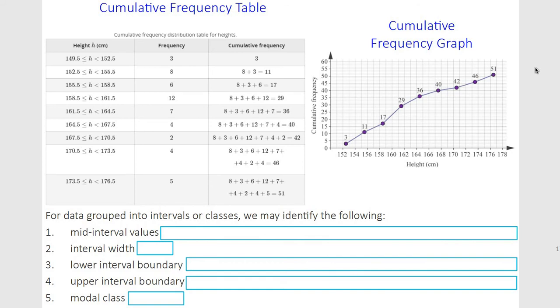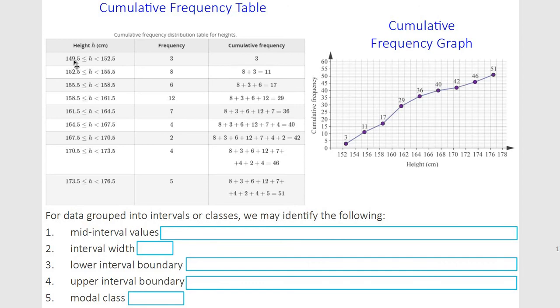When we group our data into these frequency tables and graphs, all right, it's very important to know what these values mean, what this vocab is. So think about what it says, mid-interval values. Well, look at your intervals, and what are the mid values?